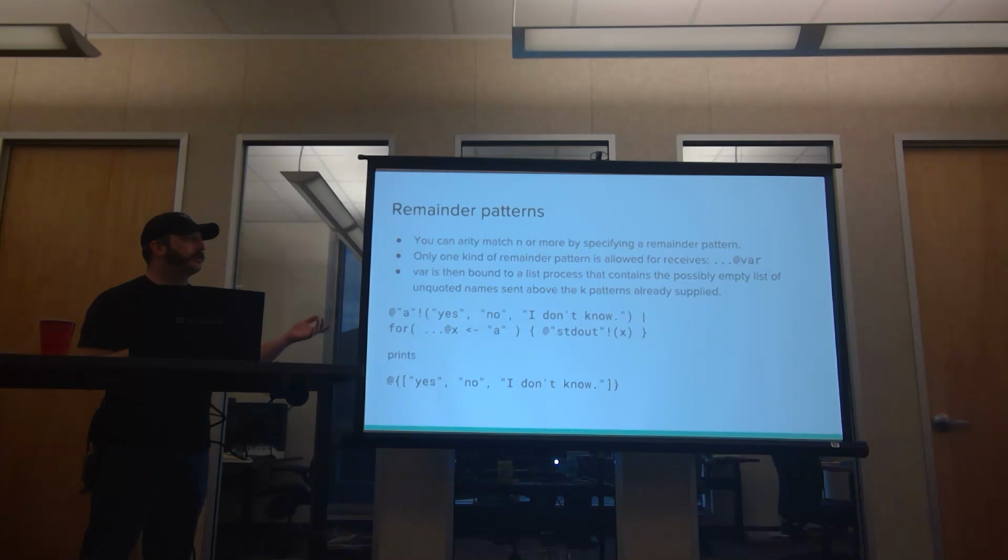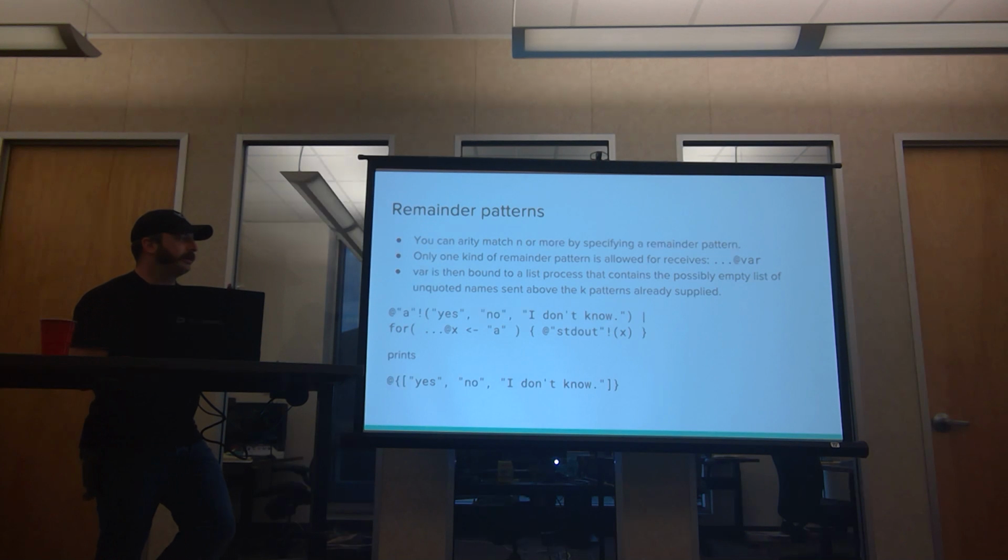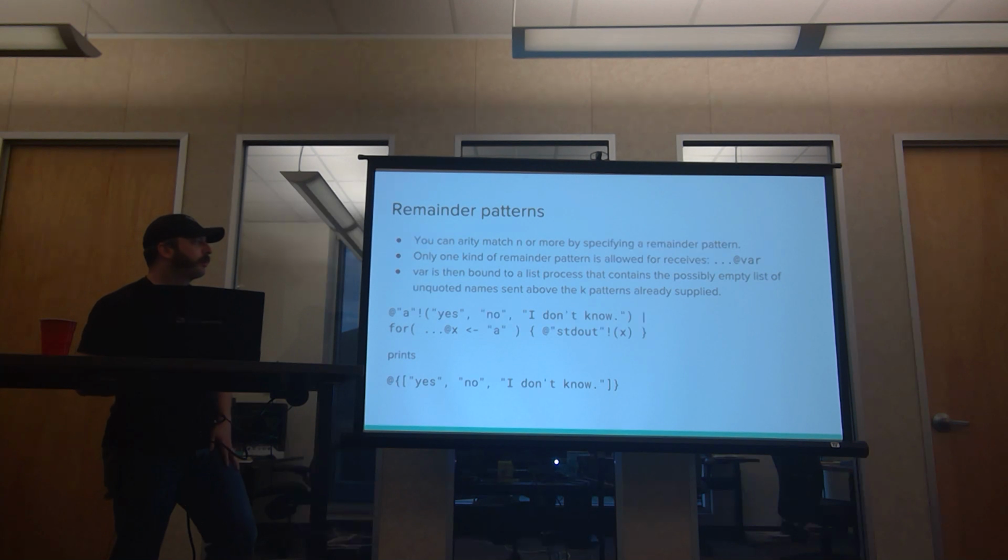You can also do at underscore, which is a wildcard, and we'll just throw away the remainder. So underscore is like a variable that doesn't bind. There are some subtleties in the matcher, but for now, underscore just acts like a variable, but it doesn't act like a binder.